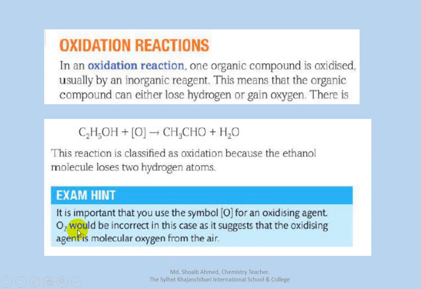If you write diamond oxygen, it suggests this oxygen comes from an inorganic reagent, the oxidant. So you should write oxygen in square brackets. Don't write O2, because that suggests the oxygen comes from air, but this oxygen does not come from air, it comes from an inorganic reagent.